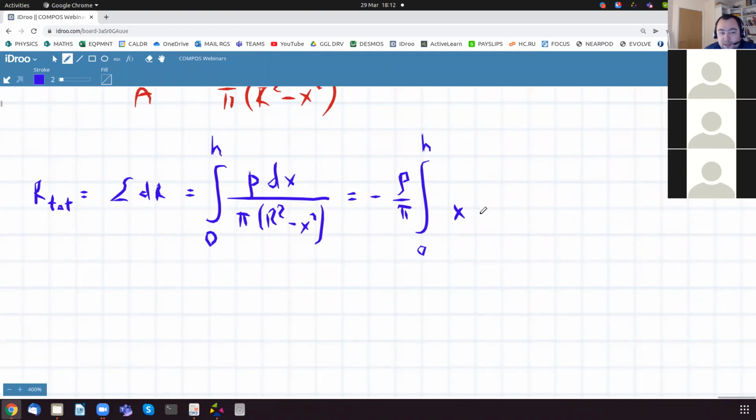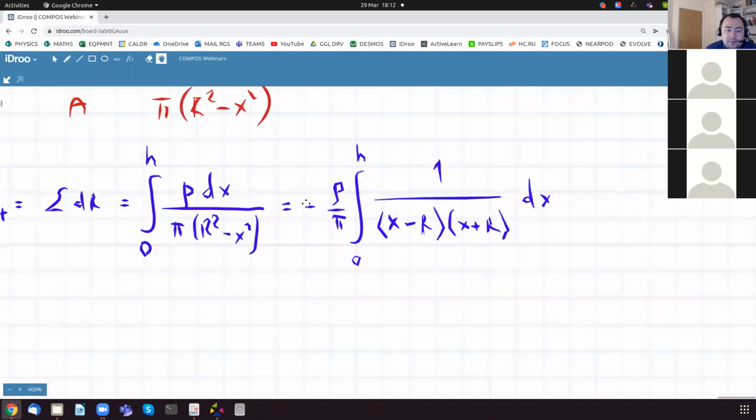But x squared minus r squared is x minus r, x plus r, 1 over that dx. Does anyone know what's the next step?